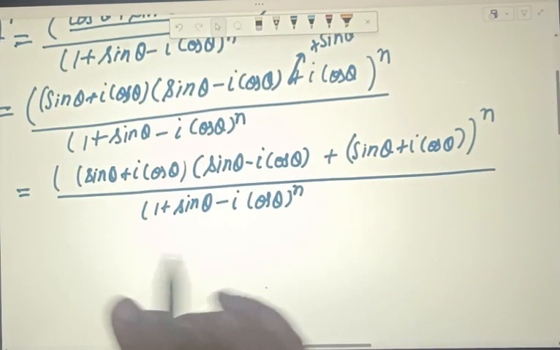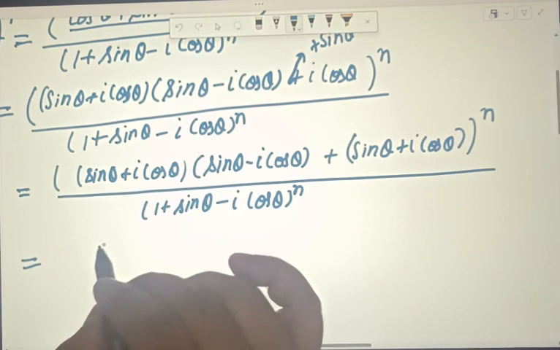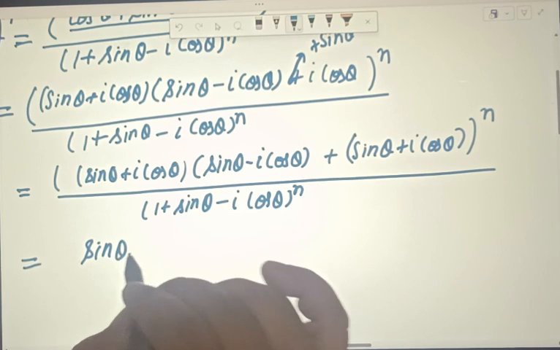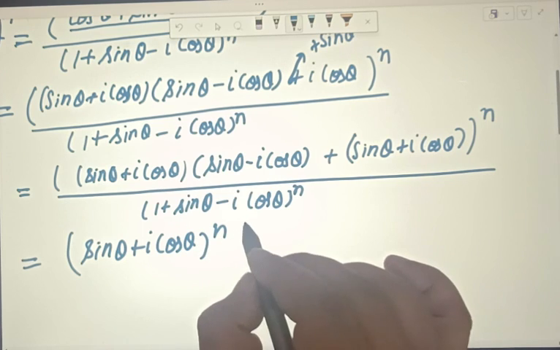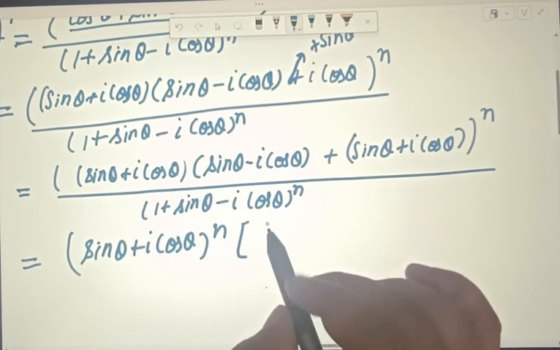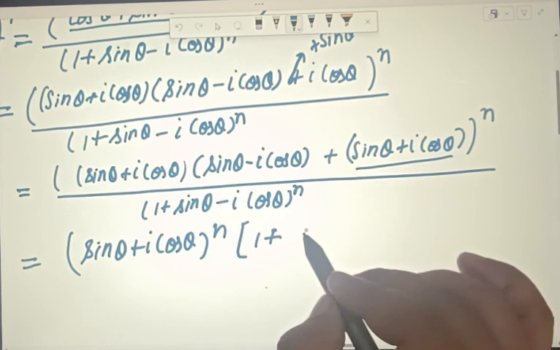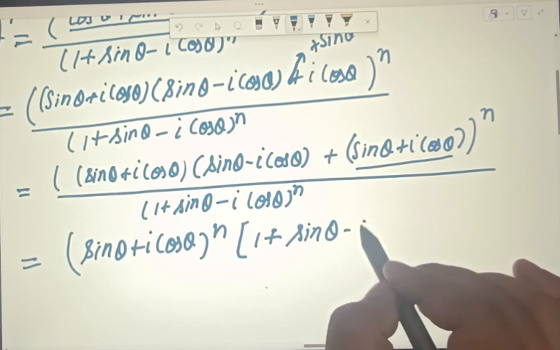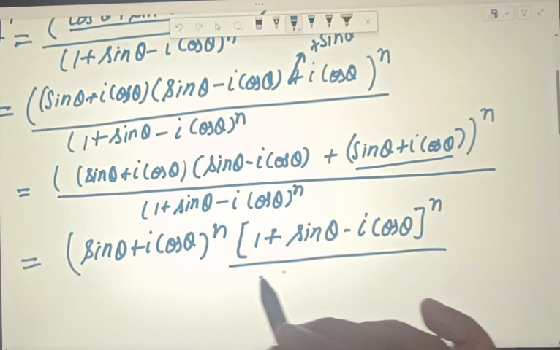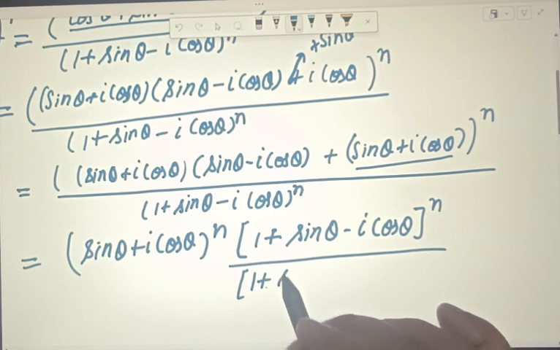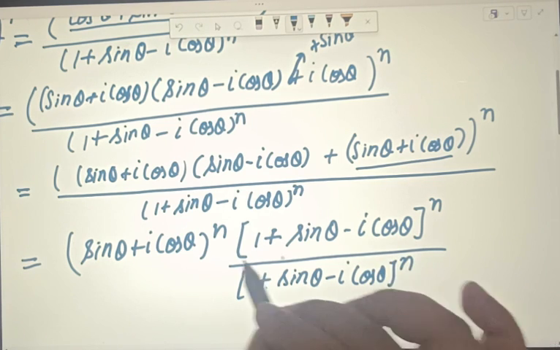Take sine theta plus iota cos theta as common. So (sine theta plus iota cos theta) to the whole power n is outside. The remaining is (1 plus sine theta minus iota cos theta) to the whole power n, and in the denominator the same terms, which will be cancelled out.